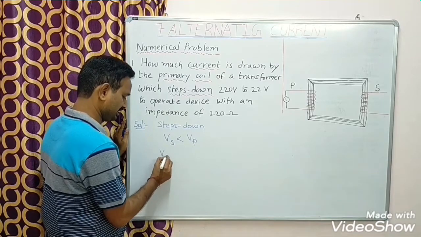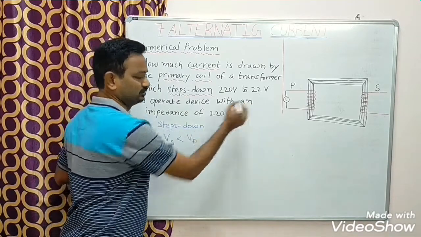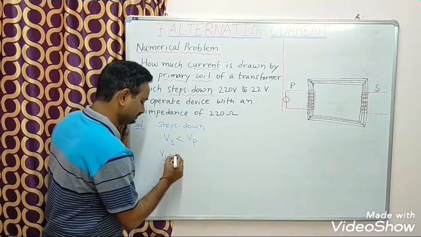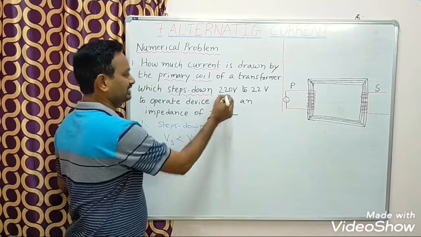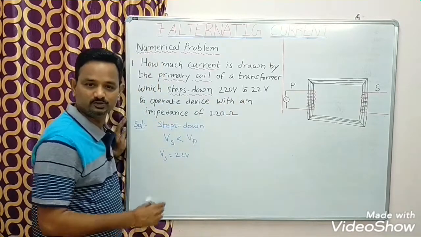Therefore, the voltage in the secondary coil is 22 volt, and the voltage in the primary coil is 220 volt.